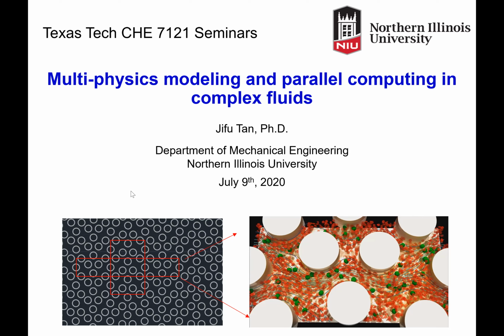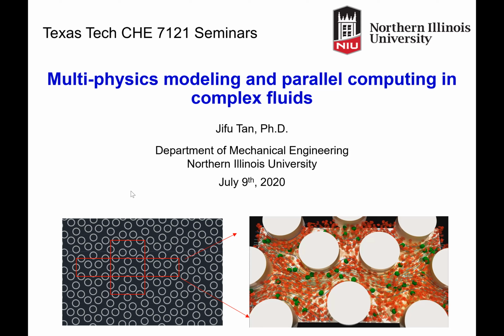On the title slide, I showed an example of cancer cells traveling through a microfluidic device in blood cell suspensions. The red ones are red blood cells, the green ones are the cancer cells, and those circular posts are microposts that are used to capture cancer cells in a microfluidic device.